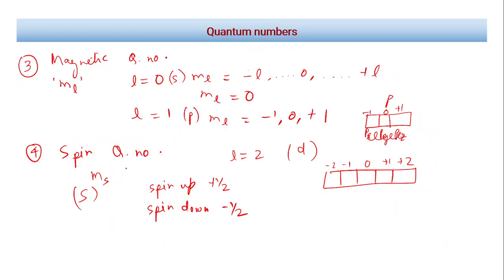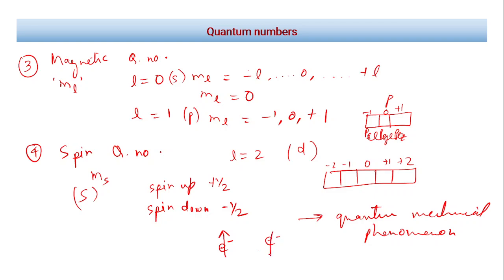The spin quantum number, or spin angular momentum, if you have studied quantum mechanics, is purely a quantum mechanical phenomenon. What I want to say by this is, don't ever think that the electron is actually spinning.